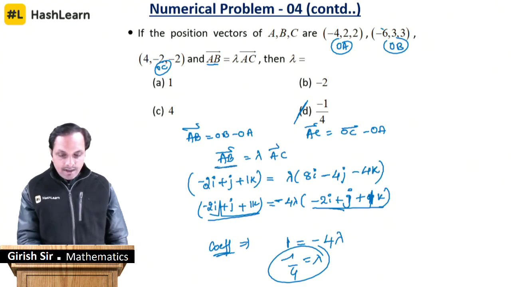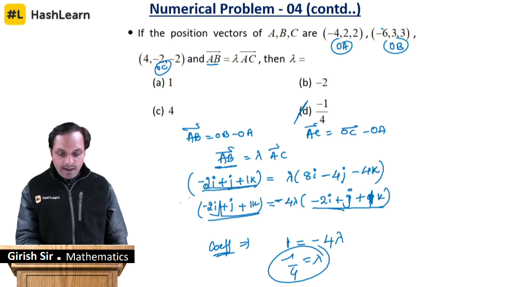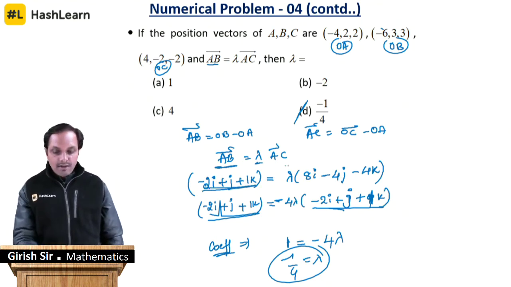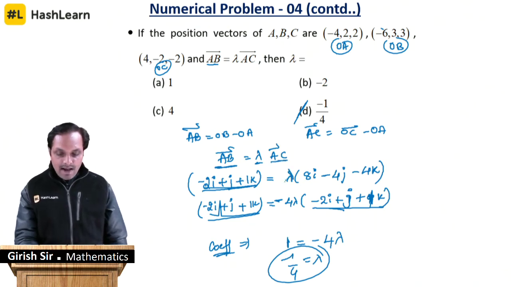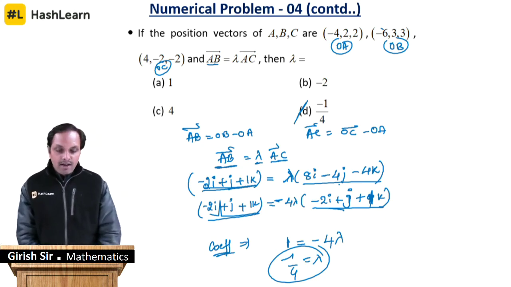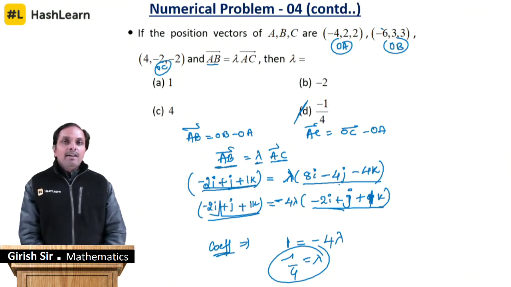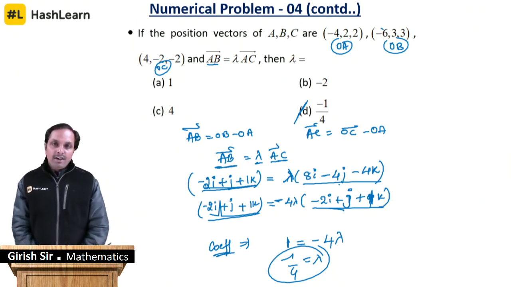Take the AB vector, which is B minus A, OB minus OA. That will give you one vector. Already he has given the condition AB is lambda times AC vector. So keep lambda as it is because he has given lambda times. Find the AC vector. You have to make sure that left hand and right hand vectors are identical so that you can compare the coefficient.